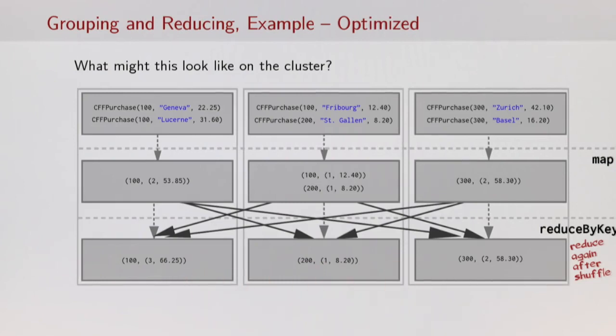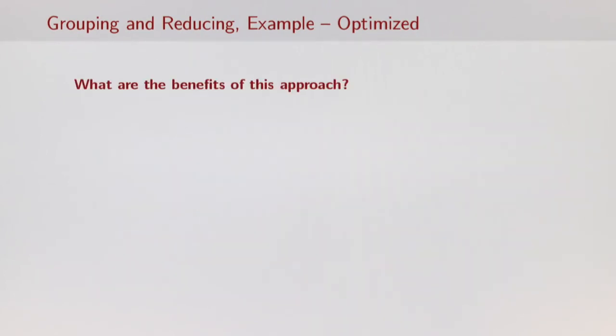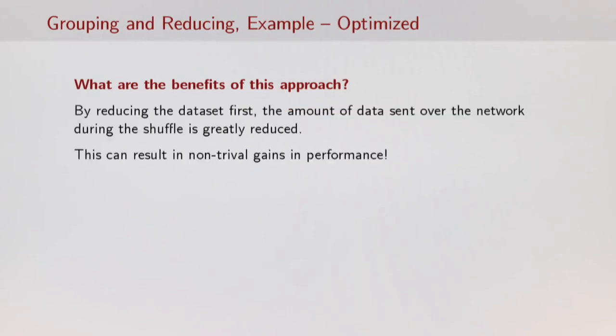And in the end, we should have the same answer, but we should have arrived at that answer in considerably less time, because the goal here is to reduce the amount of network traffic caused when we do one of these operations. So just to summarize, what are the benefits of this approach? Well, by reducing the dataset first, we can reduce the amount of data that's sent over the network during the shuffle, which could mean pretty significant gains in performance.